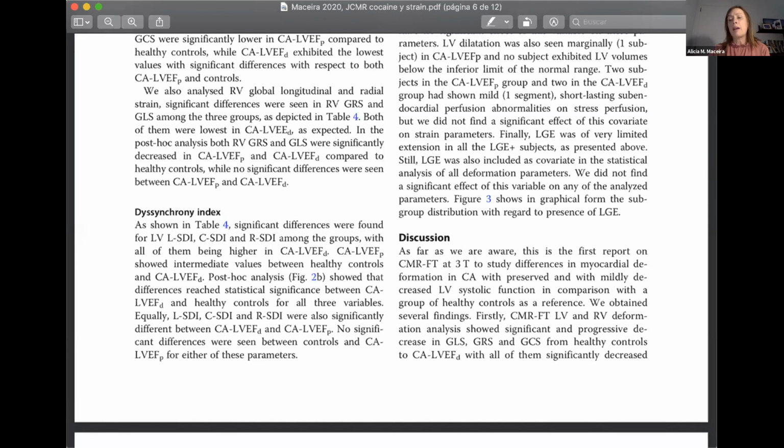Other mechanisms that have been reported are a direct toxic effect, myocardial inflammation, and the toxic effect of the substances that come with cocaine when they take it. It's not pure cocaine, but mixed with other things. So it's probably a multifactorial mechanism. One of the important things is that when cocaine is taken with alcohol, the toxic effect is more intense.